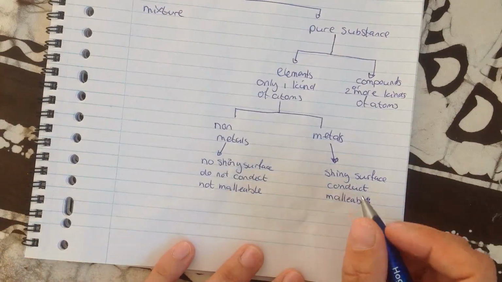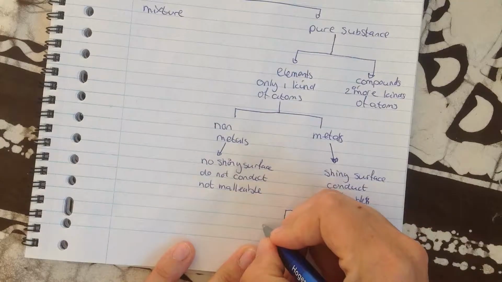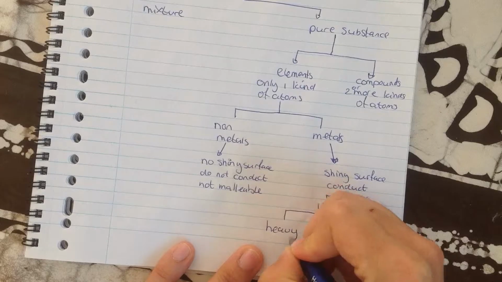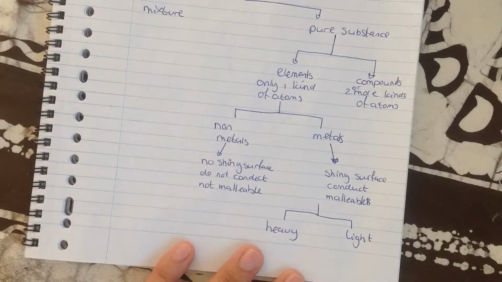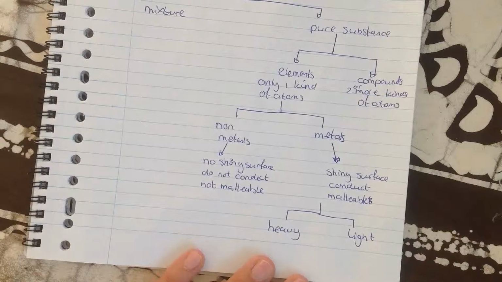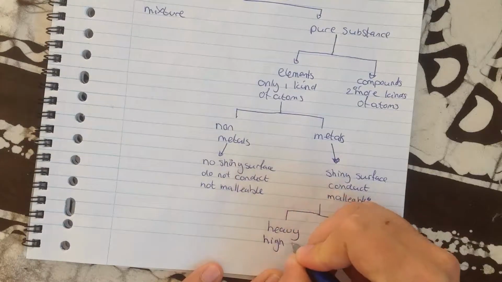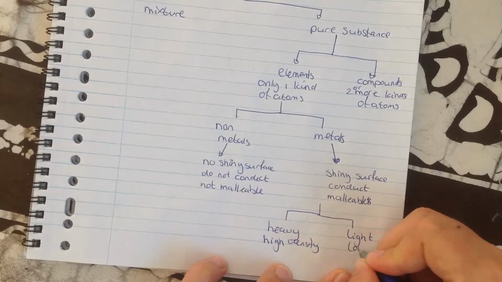Then those metals, they can be separated into heavy and light. Heavy metals are mostly poisonous. They have a high density. So this one then obviously has low density.